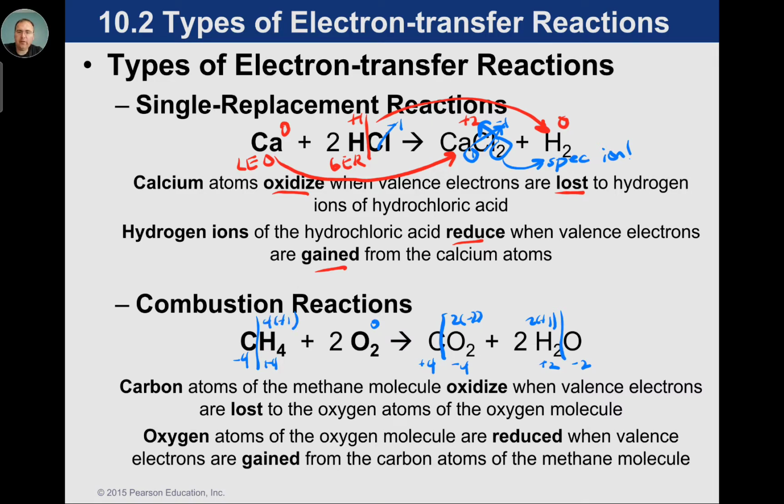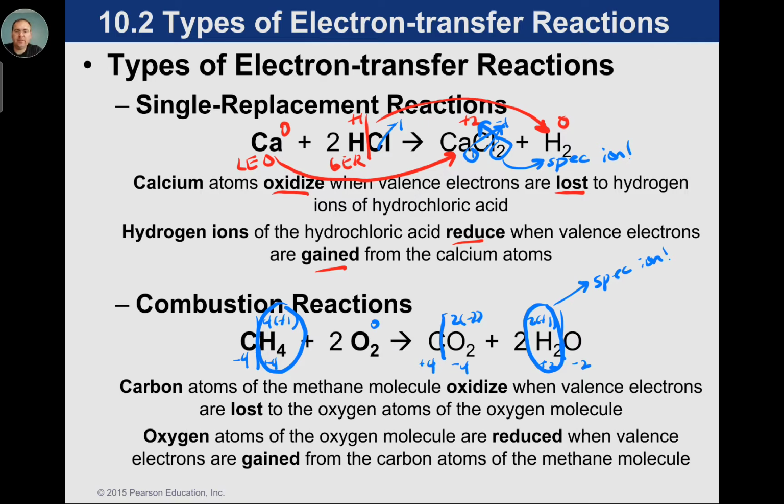So when you look at that, who didn't change? Hydrogen was a +1 over here, and hydrogen was a +1 over here. It doesn't matter how many atoms you have at a time. The simple fact that hydrogen was a +1 before and after tells you spectator ion. So even in combustion reactions, there's spectator ions.